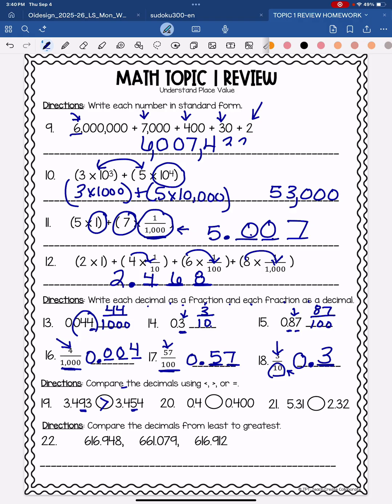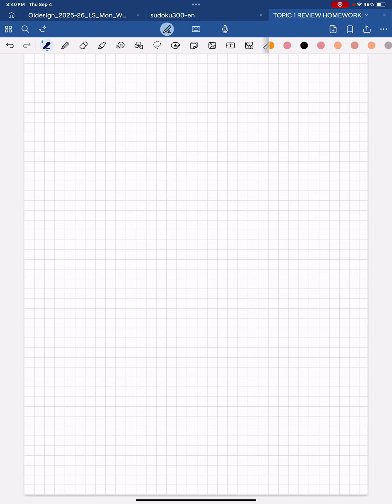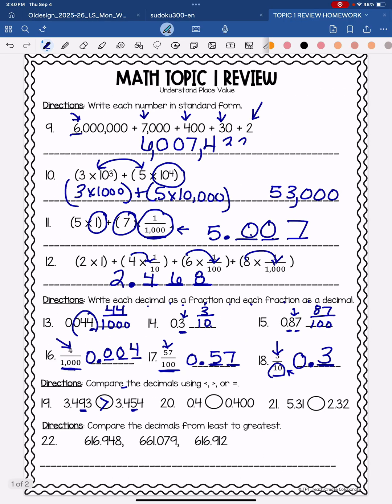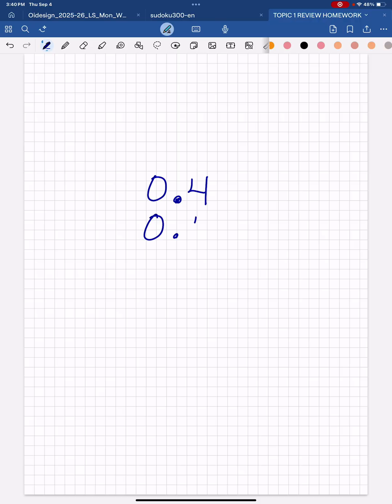Now, don't let this one trick you. It is 4/10. And remember, you line up the decimal points. And 400 thousandths. And we are going to start on the left and go until the numbers are not the same, the place value.